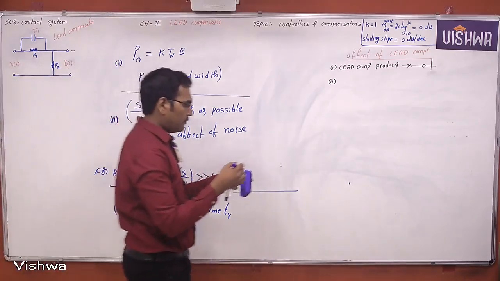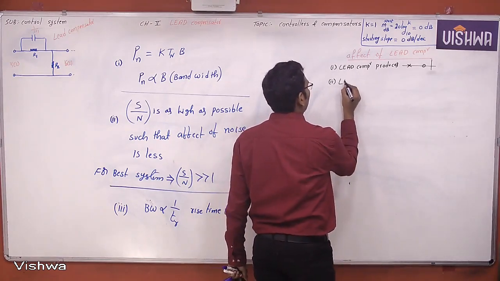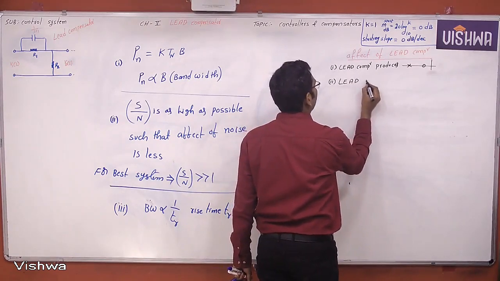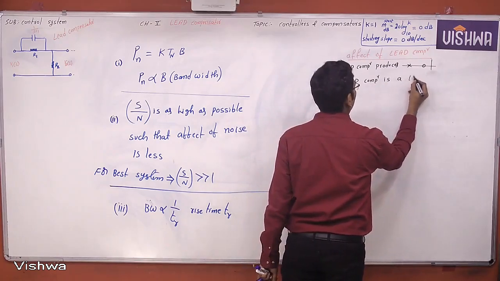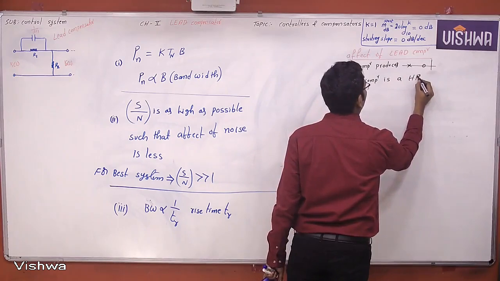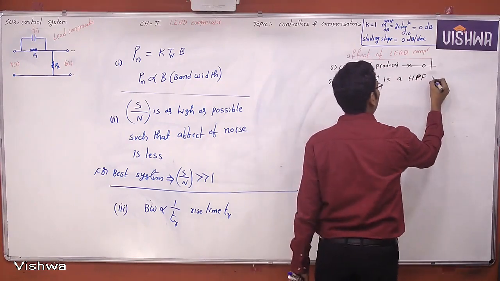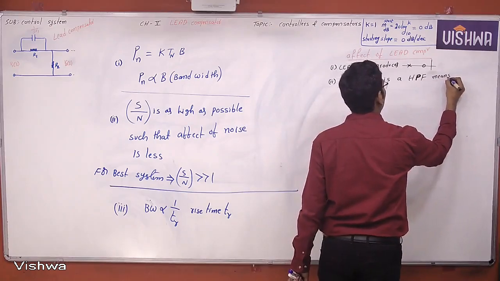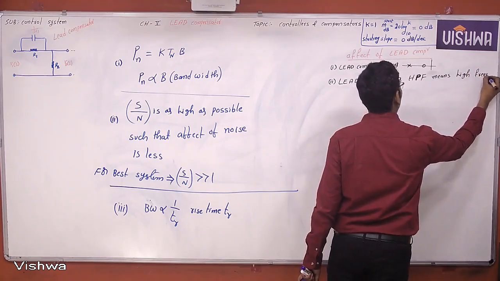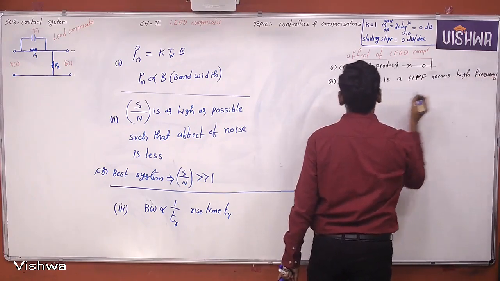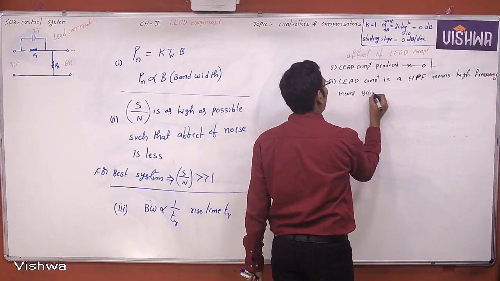Now see here, the lead compensator is a high pass filter, which means high frequency, which means bandwidth is more.